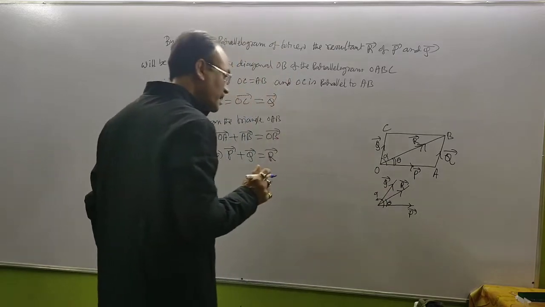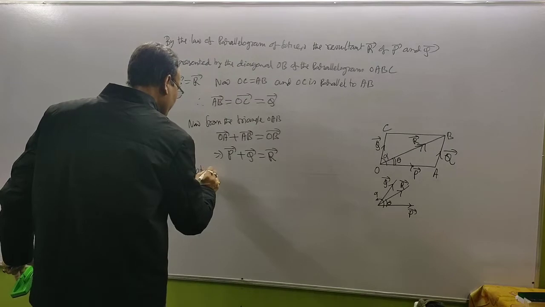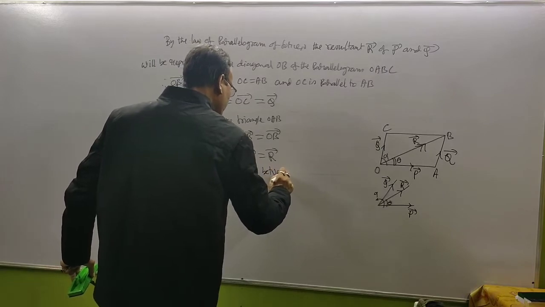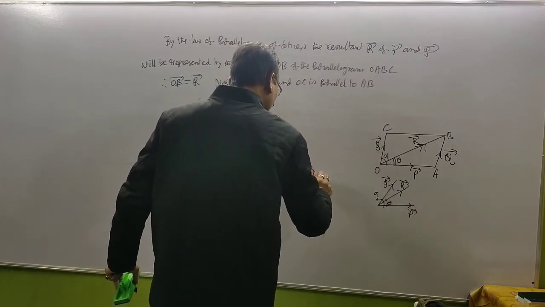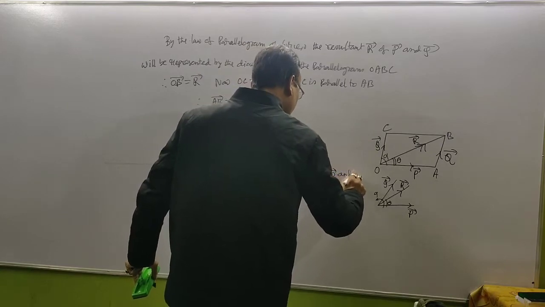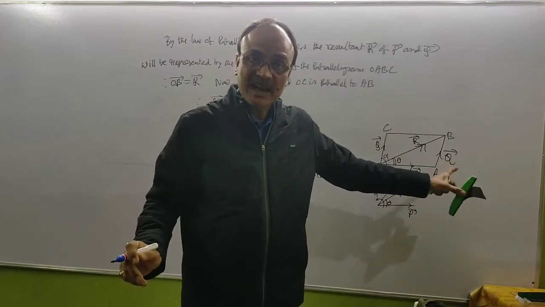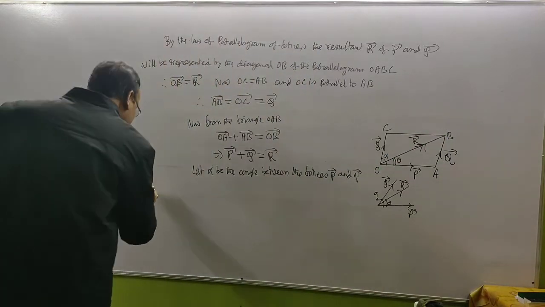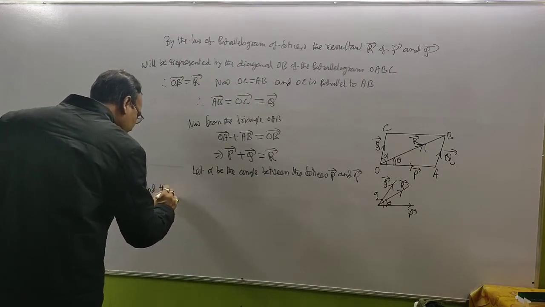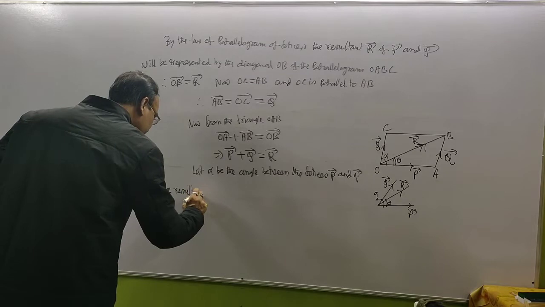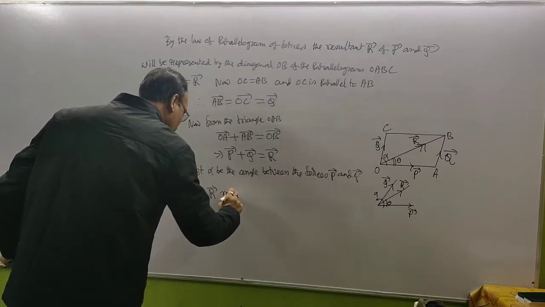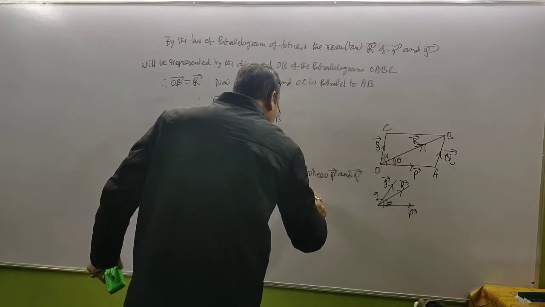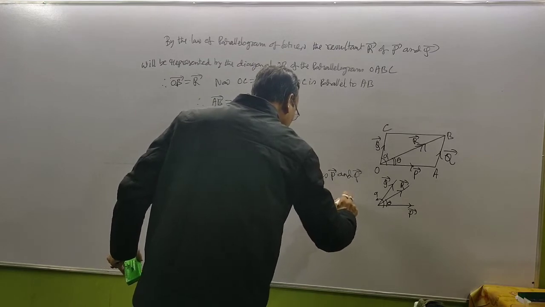Now see, let alpha be the angle between the forces P and Q. Also, the resultant R vector makes an angle theta with the force P vector.